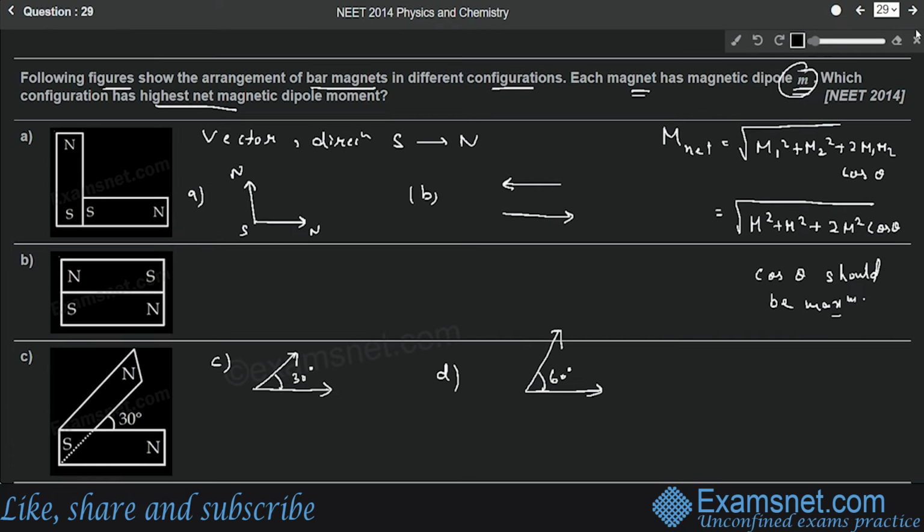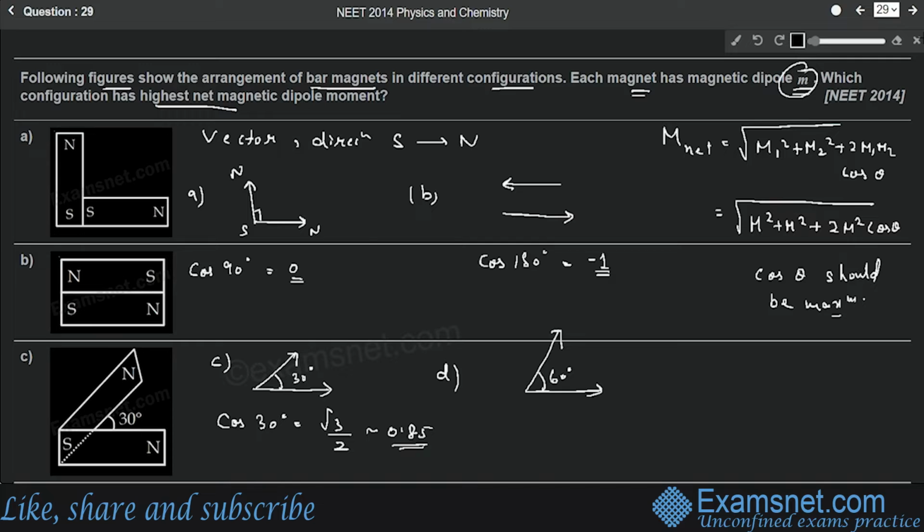Now, if we find the value of cos theta for the first one, here theta is 90 degree, so cos 90 degree is equal to 0. For the second option, this is 180 degree, so cos 180 degree is equal to minus 1. Third one, cos 30 degree is equal to root 3 by 2, that will be approximately 0.85.